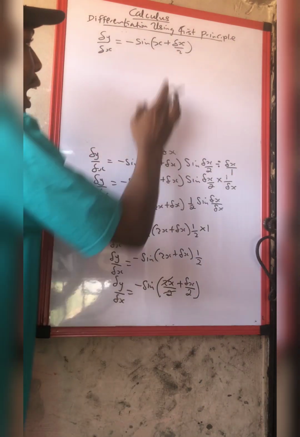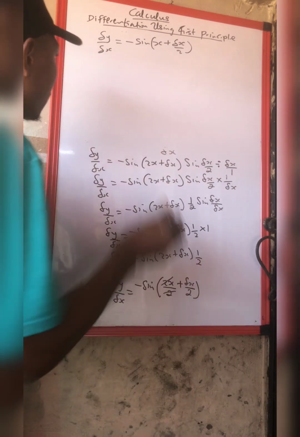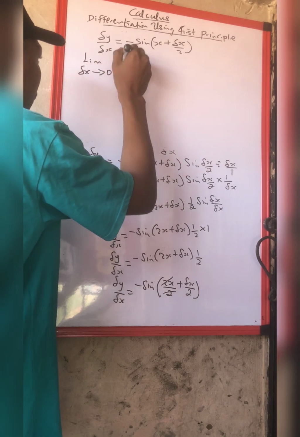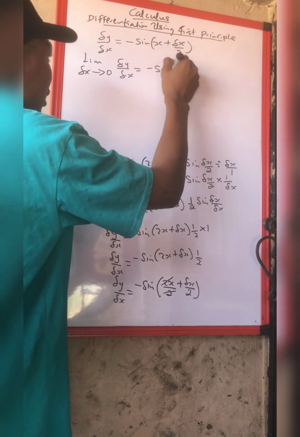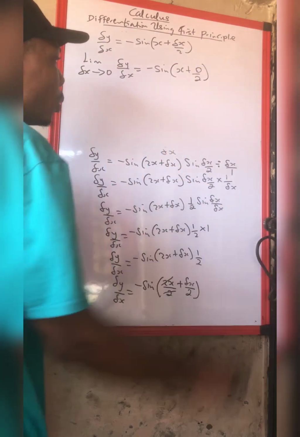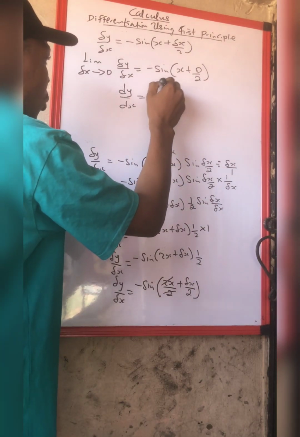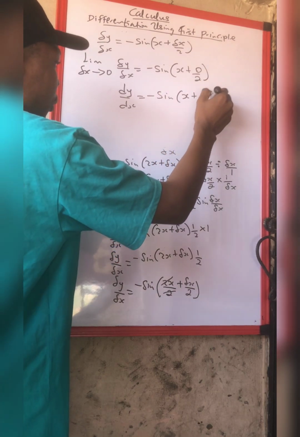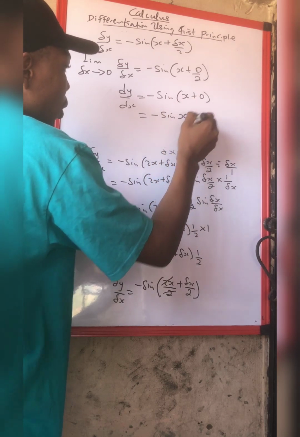After we divide, we are still having change in x. The next step, you take the limit as change in x approaches 0. We have dy/dx equals minus sin(x plus 0 over 2), so it becomes dy/dx equals minus sin(x plus 0), and x plus 0 still gives us x.